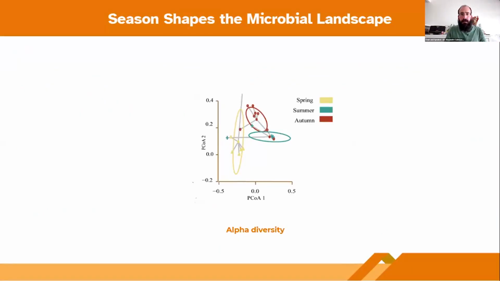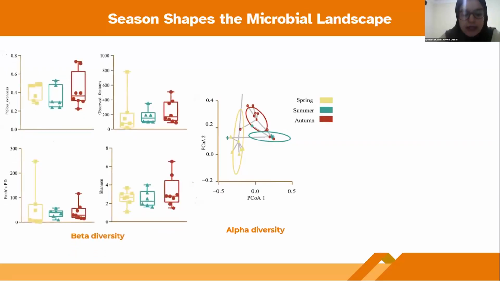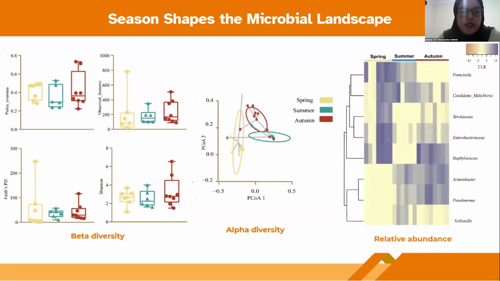For the microbiome, while overall richness remained stable, the microbiome composition shifted considerably and showed a clear seasonal variation, with several bacterial groups displaying significantly different abundance, especially between spring and autumn.